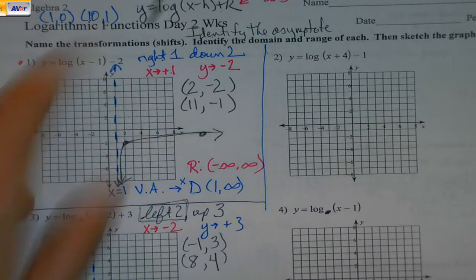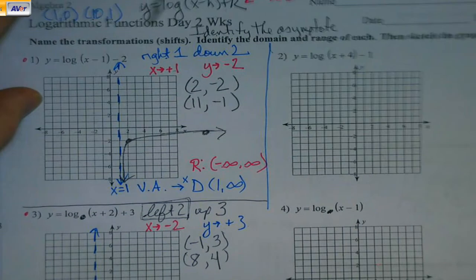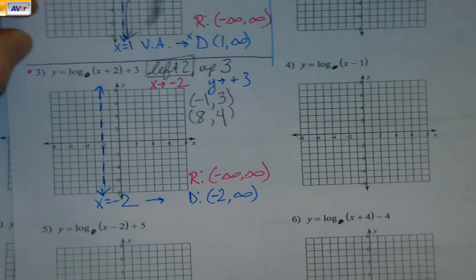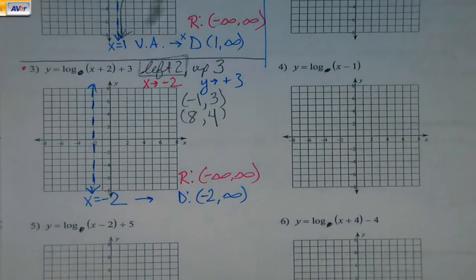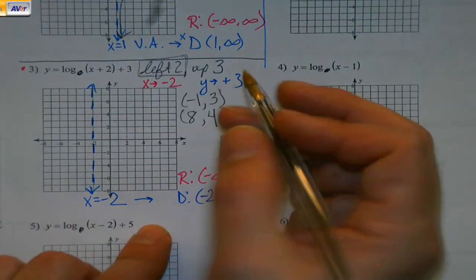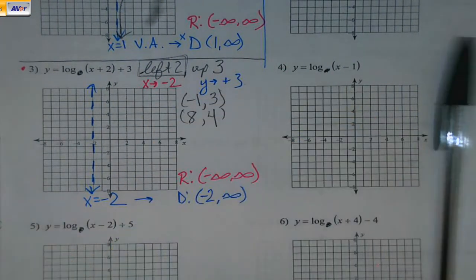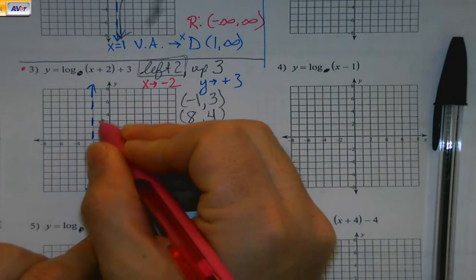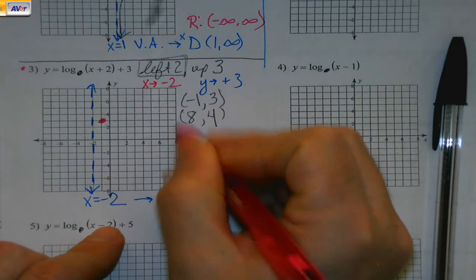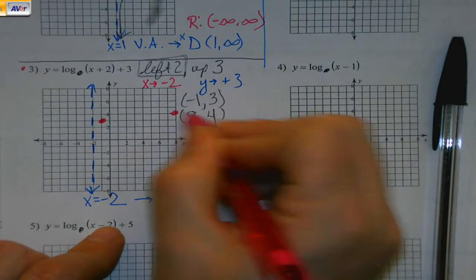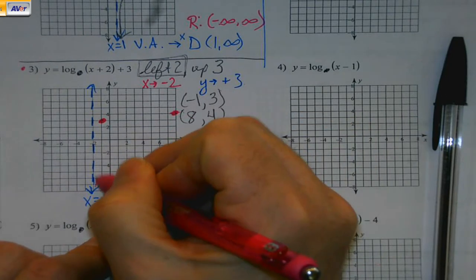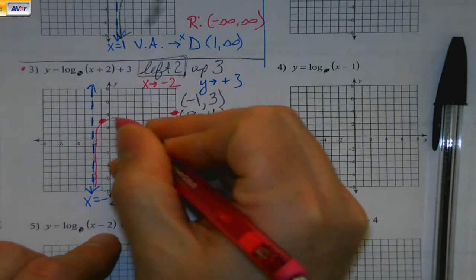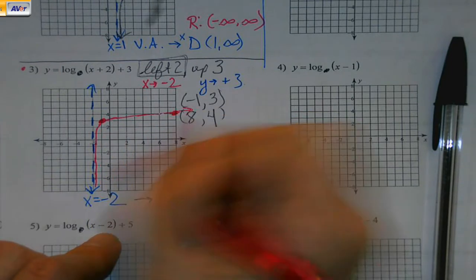The other thing I've had people ask me before about with this, and we'll get these points plotted, and then I'll show how you could do that, because some of you are more visual, and I understand that. So let's see here. Negative 1, 3, 8, and 4. Again, we're going to be hugging the axis, heading upward.